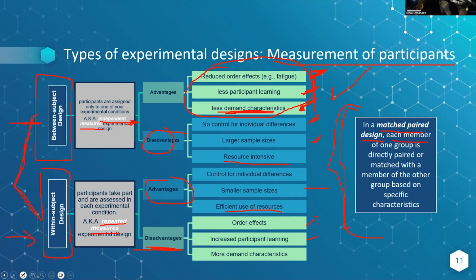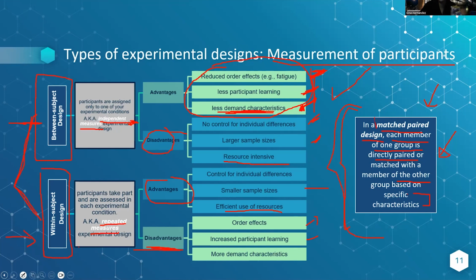each member of one group is directly paired or matched with a member of the other group based on specific characteristics. So this is even more strict. This is even more difficult to pull off. In this case, you are controlling for individual differences in the best way you can.